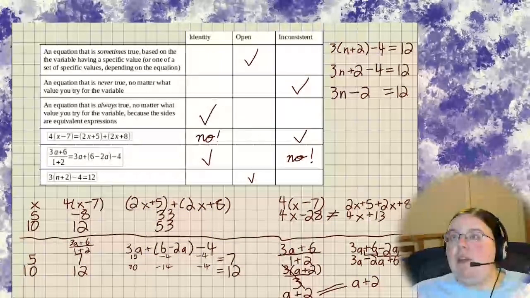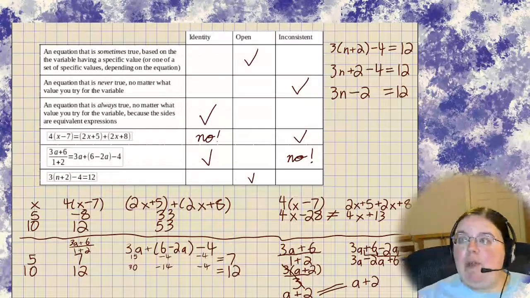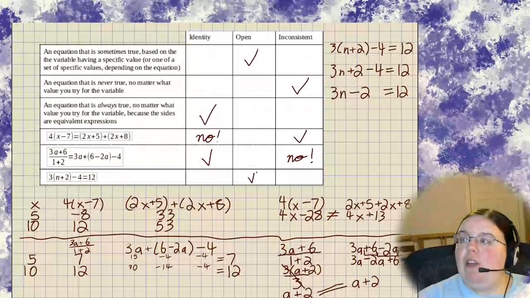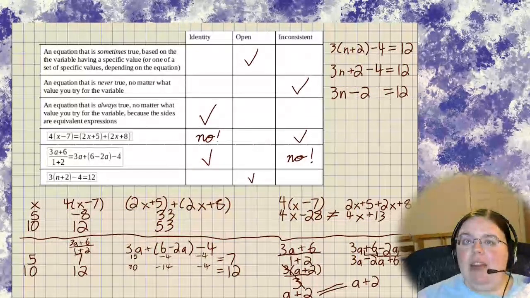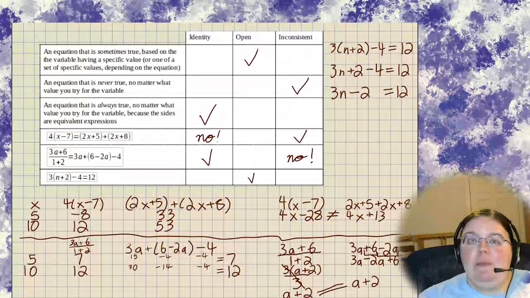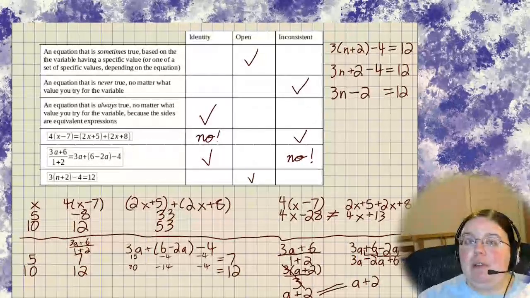So you can see how that would change depending on what number we plugged in, so that's why this is an open equation. I do believe there's an answer to it, but the answer would take a little more work to find than we're going to put in this particular video.